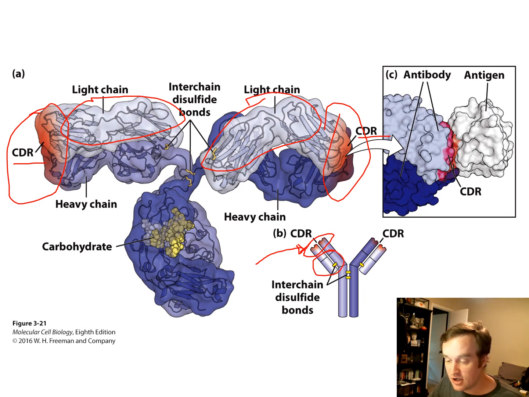They refer to the CDR as a hand-in-glove fit, and this means that there's molecular complementarity between the antibody CDR and the site to which it binds on its antigen. And so this shape determined by those changes in loops in the CDR is specific for the antigen that it's going to bind to. And as you can see here, it forms this nice tight bond to the antigen, and then it can perform its function.